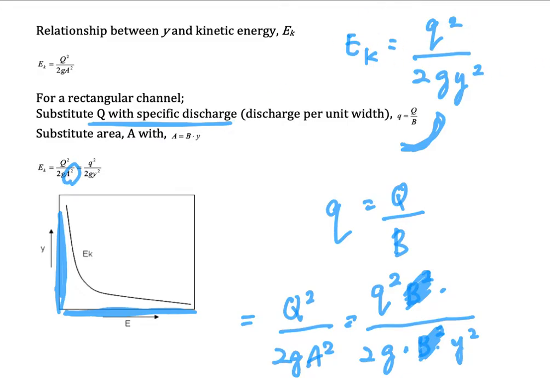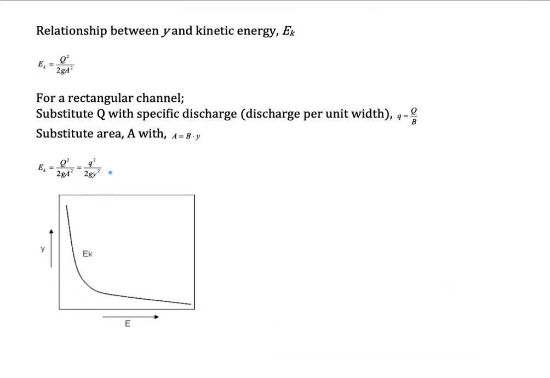The basic idea is to reduce the terms in our equation. Please remember that the kinetic energy is equal to q squared over 2g y squared, where q is the actual flow rate divided by B, the width of the channel.